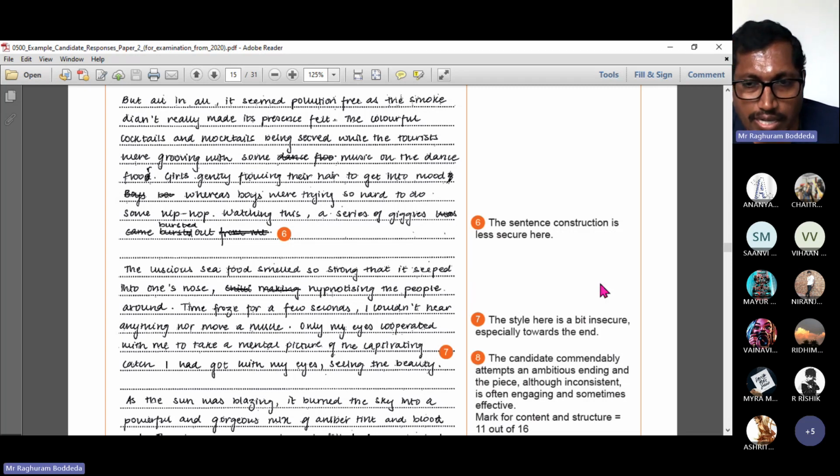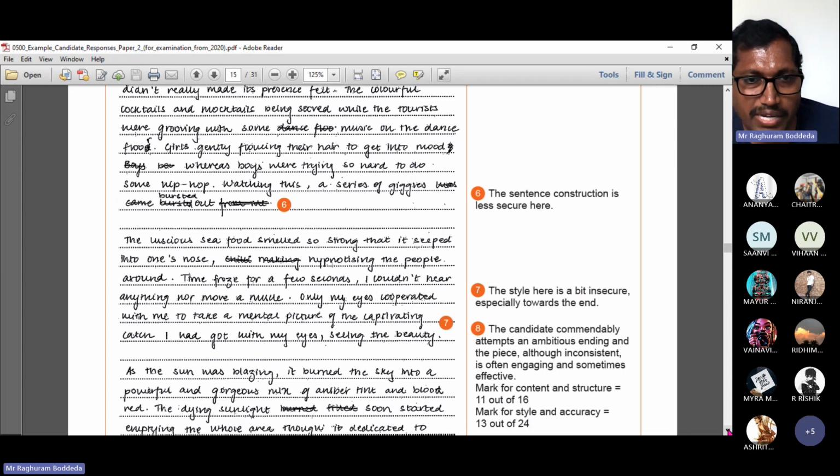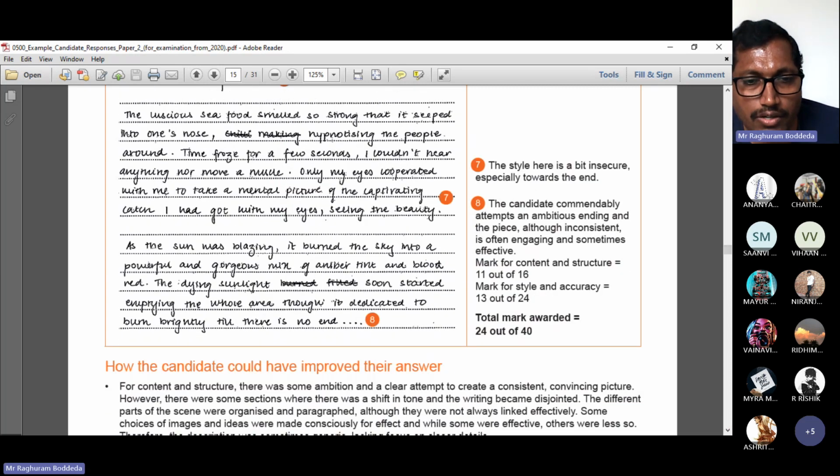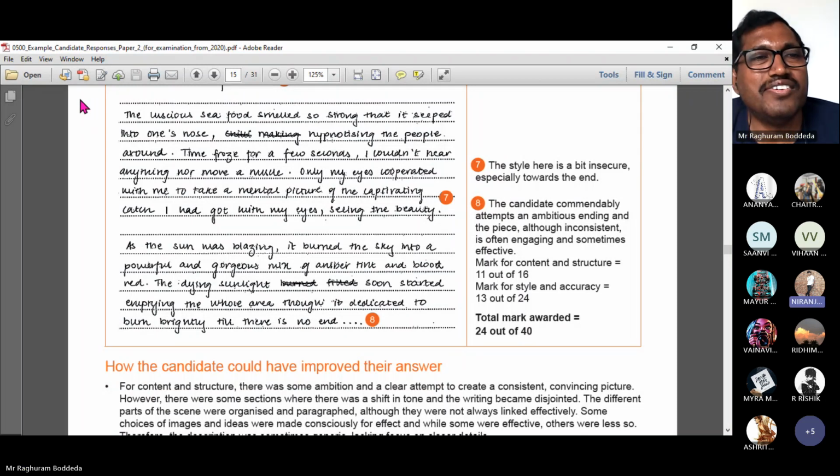Okay, now I will call the next person to read this paragraph. Niranjan, please read this one. The usual seafood smelled so strong that it seeped into one's nose, hypnotizing the people around. Time froze for a few seconds.